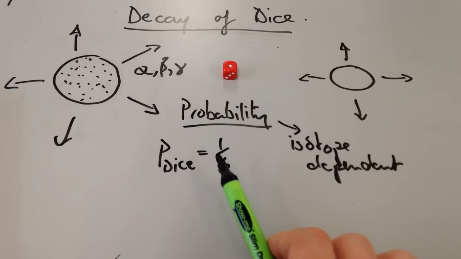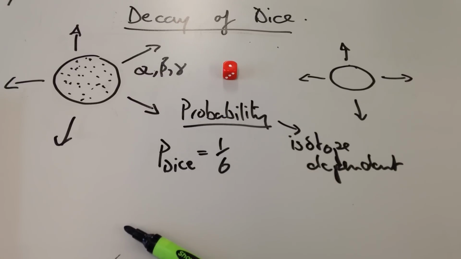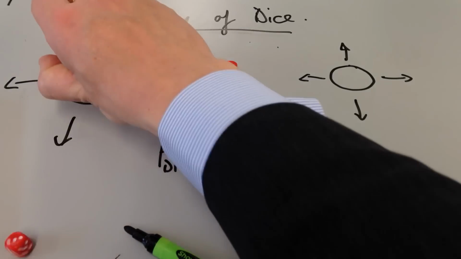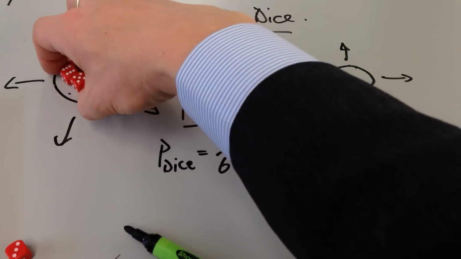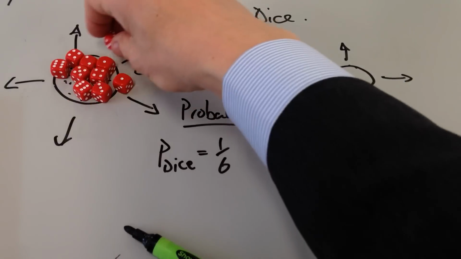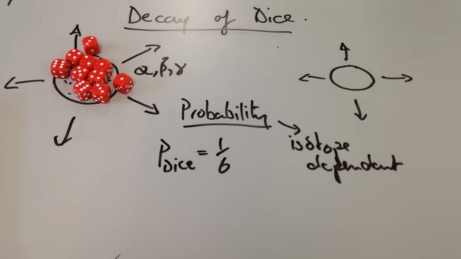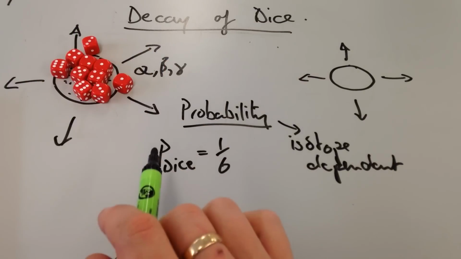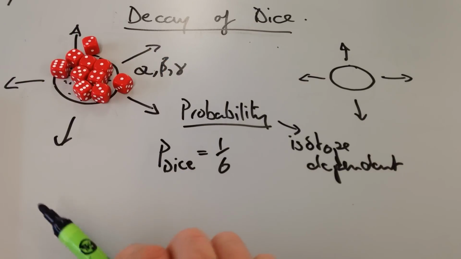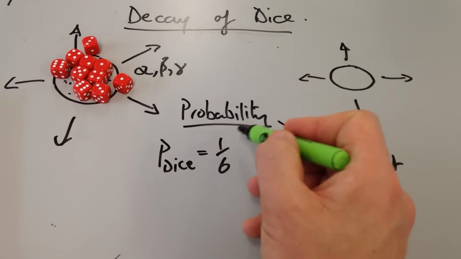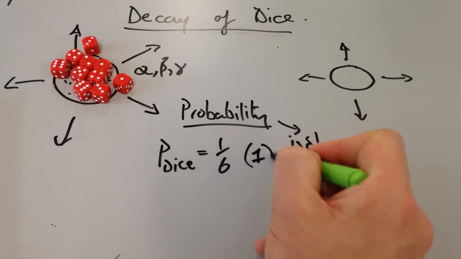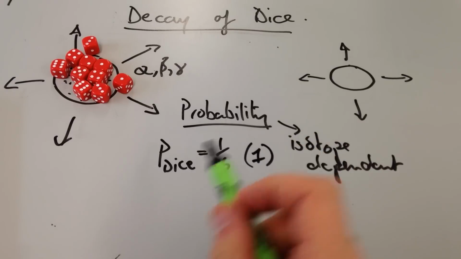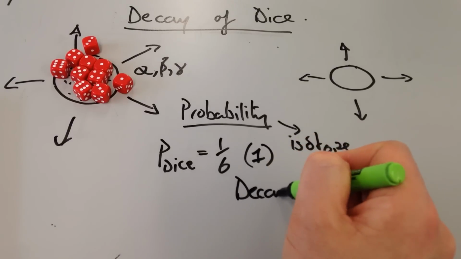So what we're going to do is imagine that we have a radioactive sample made of dice, and we are going to roll these dice, and the number that land on one, let's just say for a number 1, will be the number that have decayed.